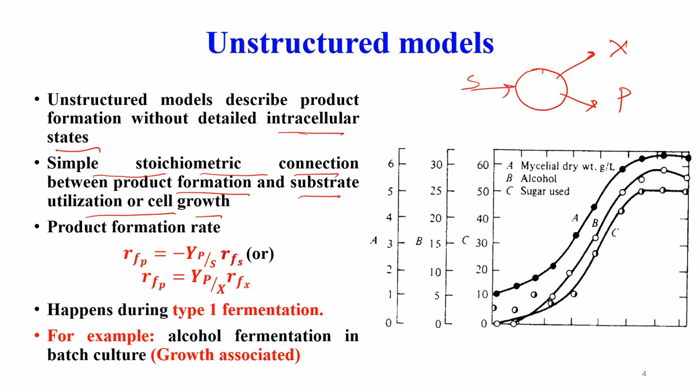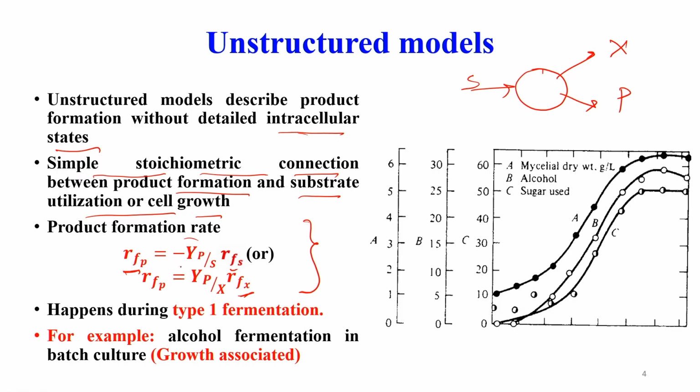As we have discussed during the stoichiometric balance for substrate utilization and product formation, typically in an unstructured model, the rate of product formation is directly proportional to the rate of biomass growth, times a factor, Y P/S. So, you can write the rate of product formation either in terms of rate of biomass growth or in terms of rate of substrate utilization.